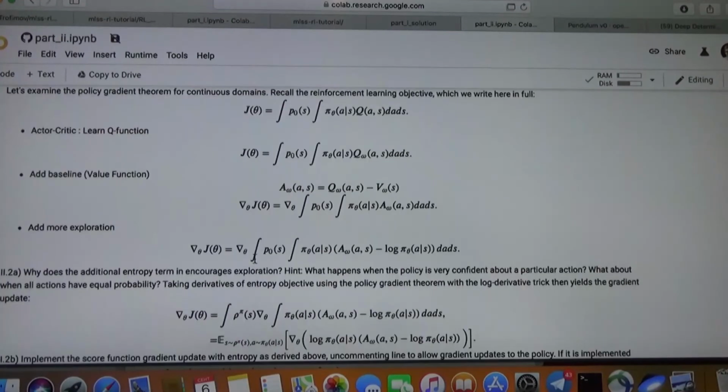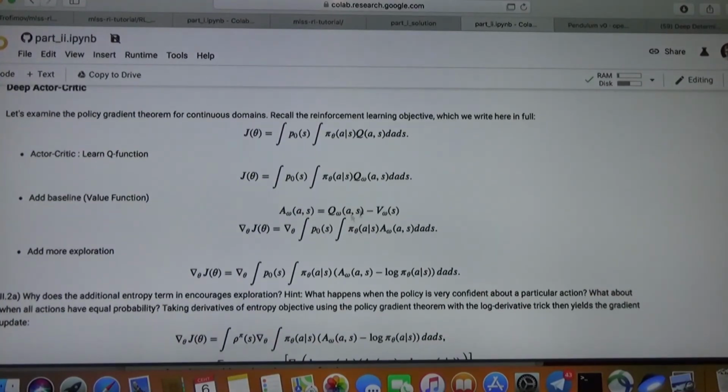Let us return to the Colab. Here are the equations. We have two sets of parameters: the policy pi depends on theta, and the Q function depends on omega. We are also going to reduce the variance by subtracting the value function, similar to the way we did in the REINFORCE method.